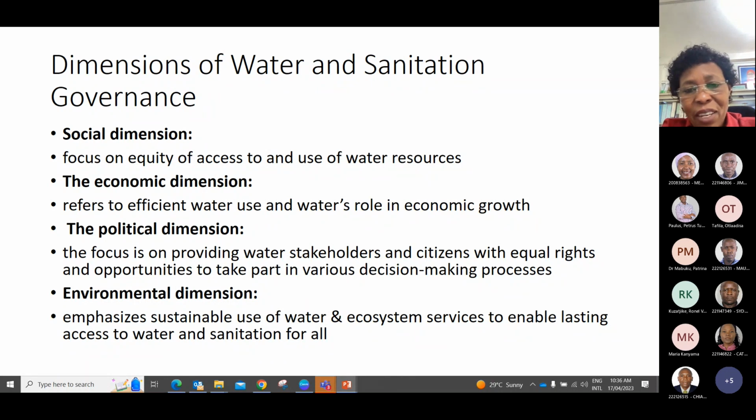But again, the differences among stakeholders and citizens don't simply end at gender differences. You know, there's also power relation with regards to who has what in terms of wealth, and more often than not, you find those on the lower level of the wealth quantile at times are denied equal rights and even opportunities to air their views and take part in decision-making processes.